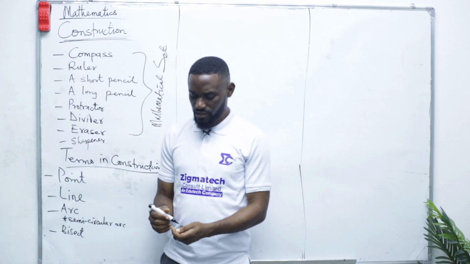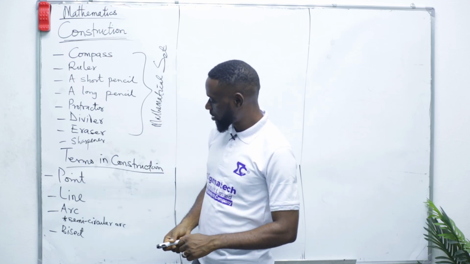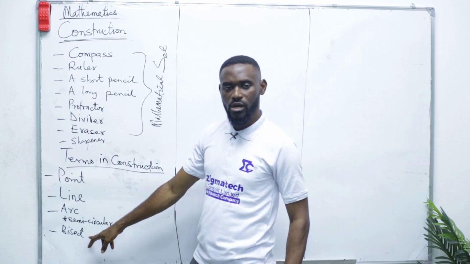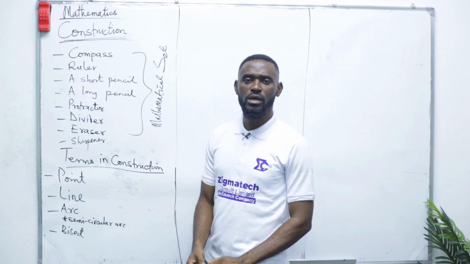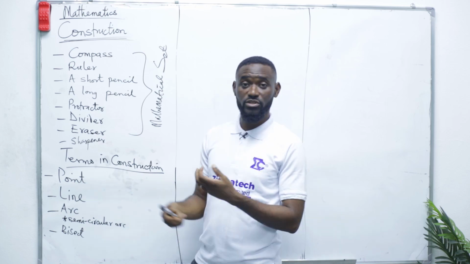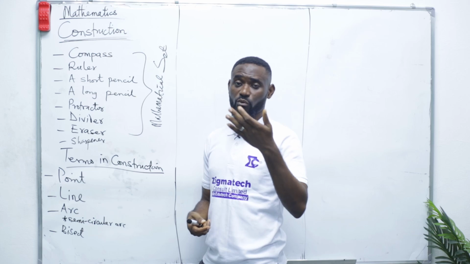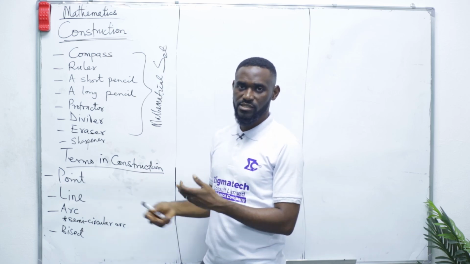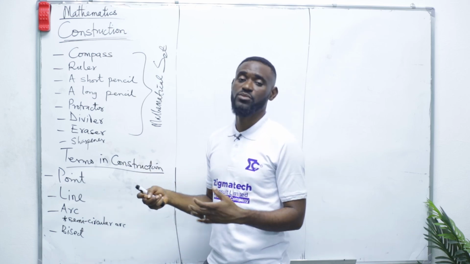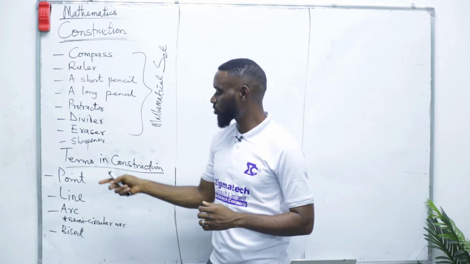These are basically some of the things we need to know about the terms that we'll be using often, as even from our questions, we'll always see these terms used often. The first one is point.